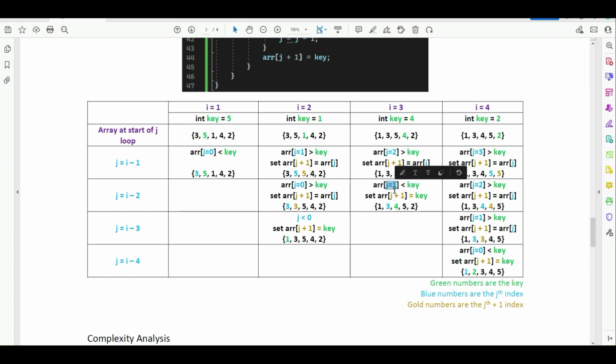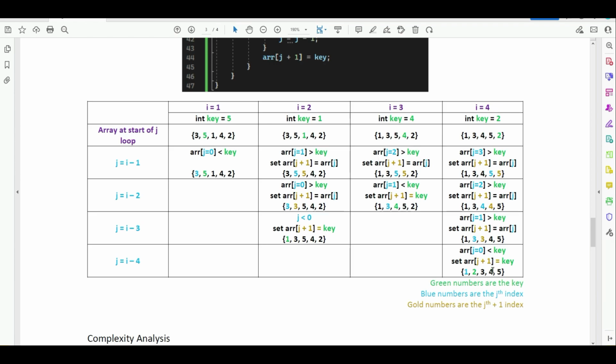Then we are at j equals 1 here, which is less than our key. And so we set j plus 1 equal to our key. And so we are changing this 5 right here into this 4 right here.